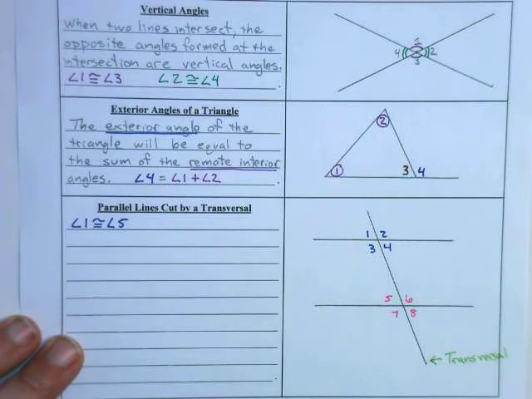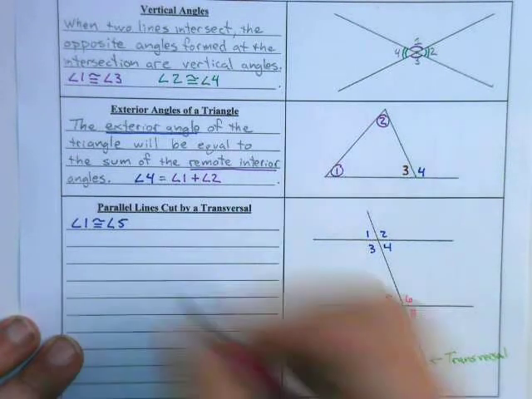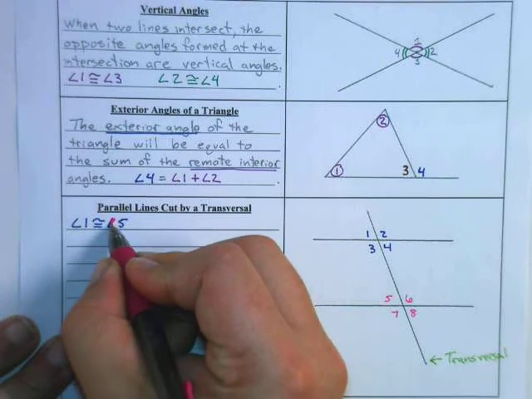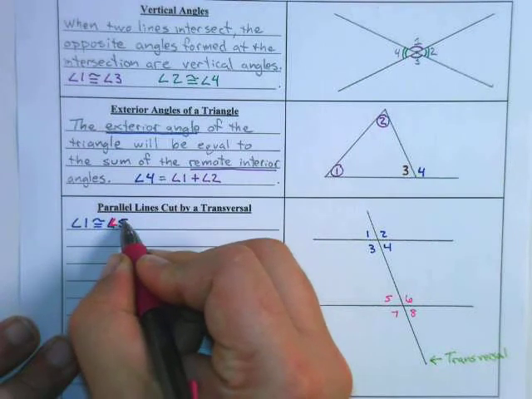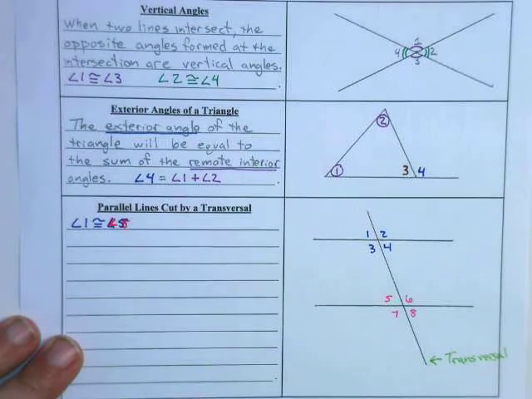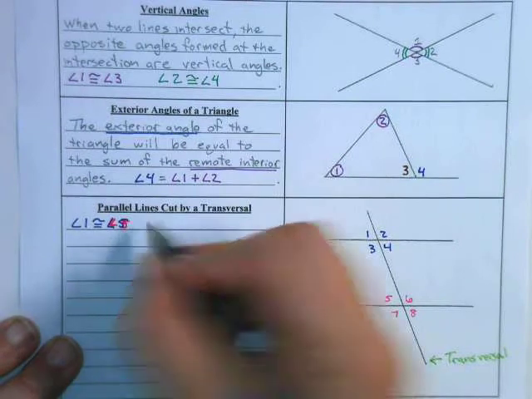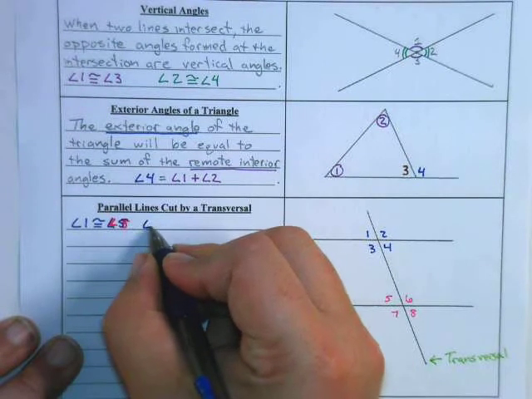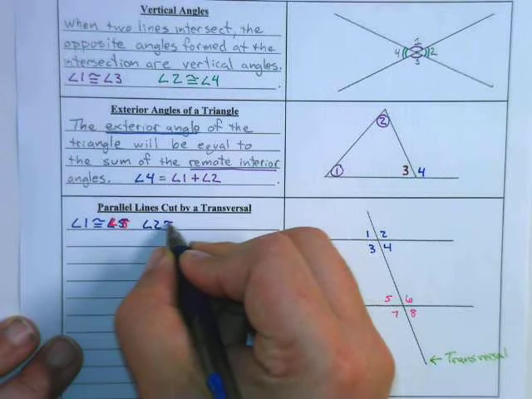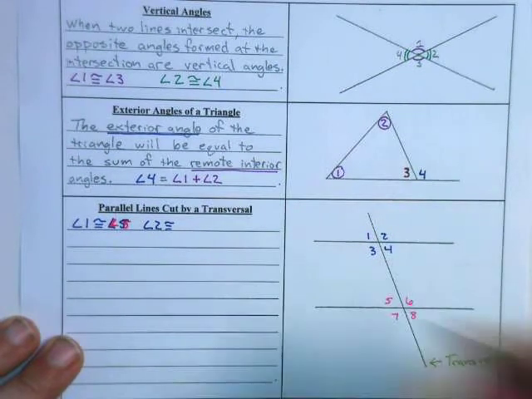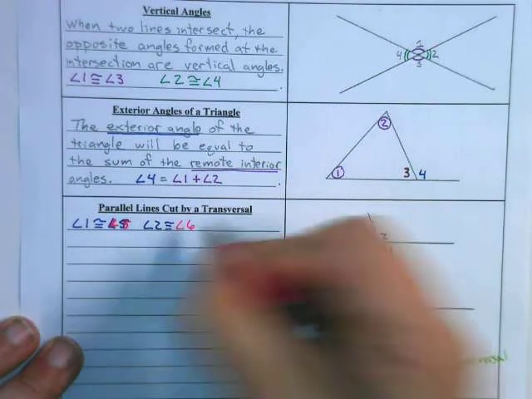Okay. Sorry, I should have used a different color for angle 5. Okay. And angle 2 is congruent to angle 6.